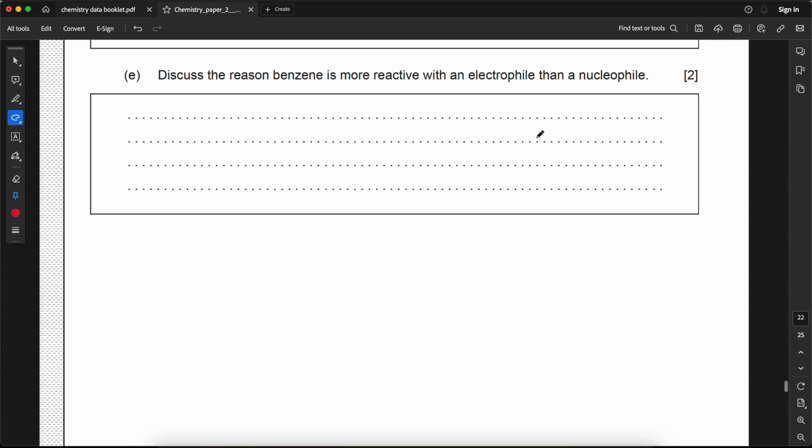Discuss the reason benzene is more reactive with an electrophile than a nucleophile.